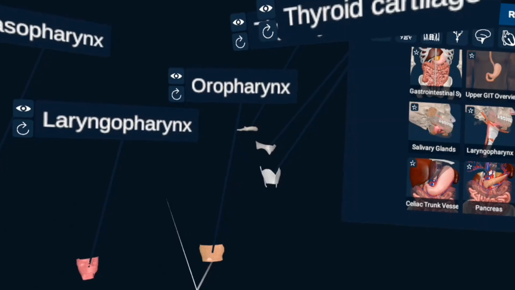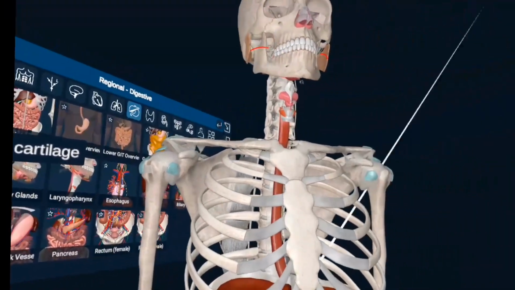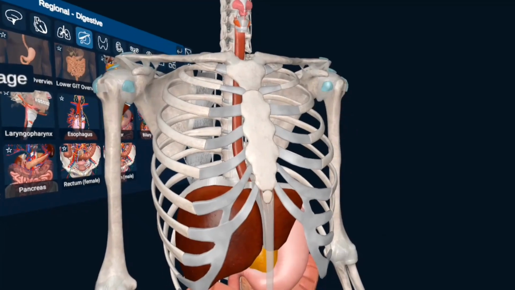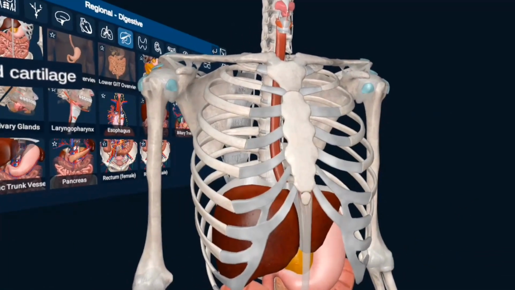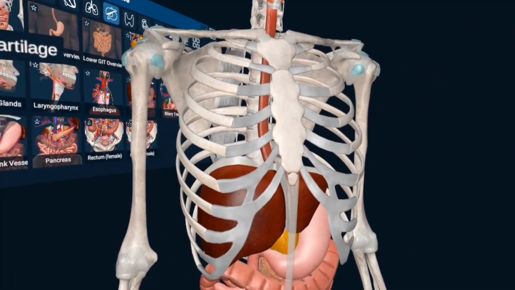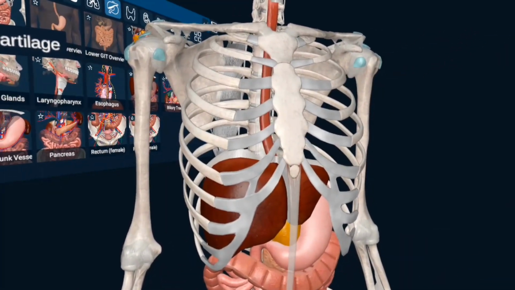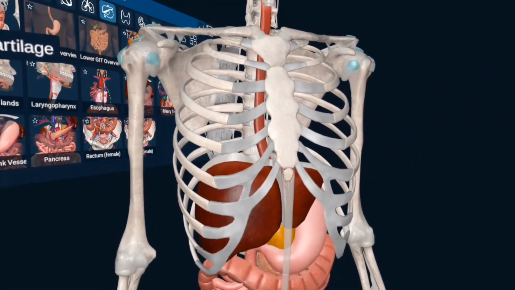I think it's really good to have a display of the structures right here. Apart from this, the function of the pharynx is a passageway for the food from the mouth to the esophagus, involving the swallowing reflex, which means deglutition.